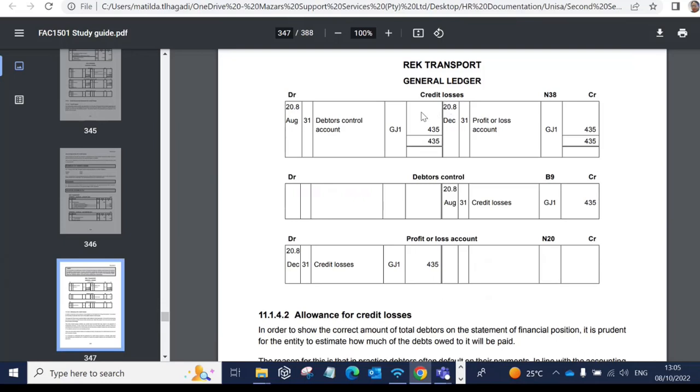So this is definitely what's really happening. The credit losses account, it's now been cleared. The balance is being taken to the profit and loss account. And now the debtors control account is going to be credited with 435.